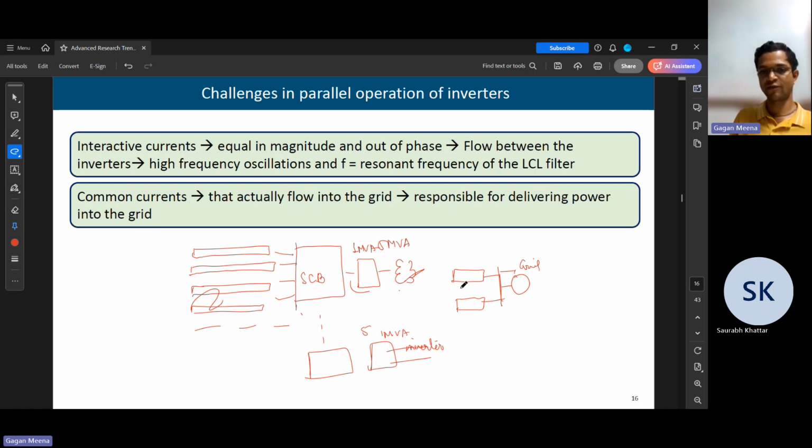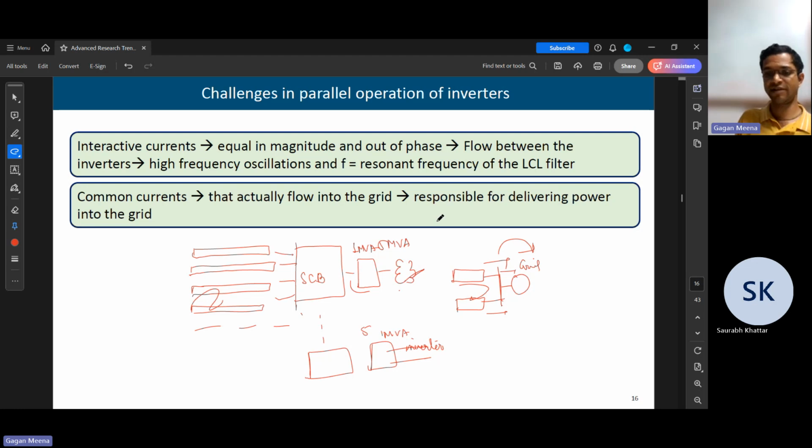In this case, we have two types of current here. One is the interactive current, and another is the common current. The common current is the one which is actually delivering power into the grid. And the interactive current is one which is equal in magnitude but opposite in phase.